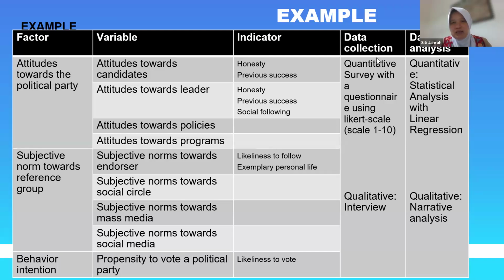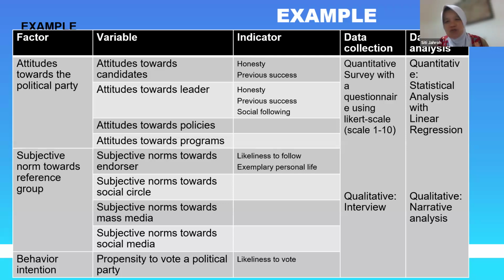So for data collection for the quantitative survey, you use the questionnaire with a Likert scale, 1 to 10. You can also use 1 to 5. For quantitative analysis, maybe you can use SEM analysis or regression analysis.